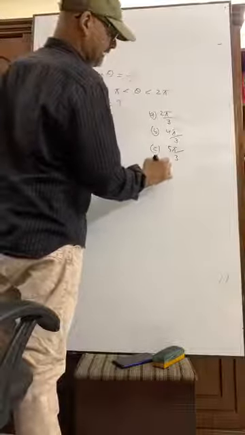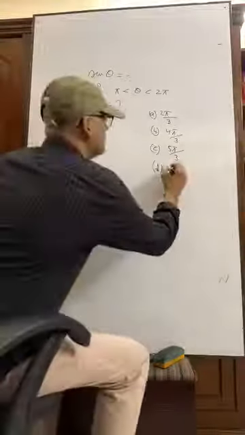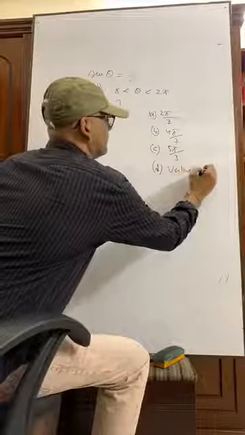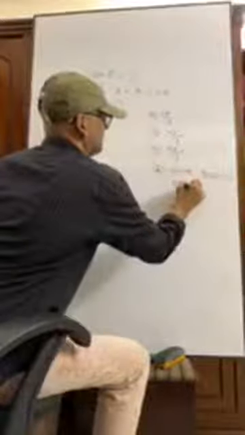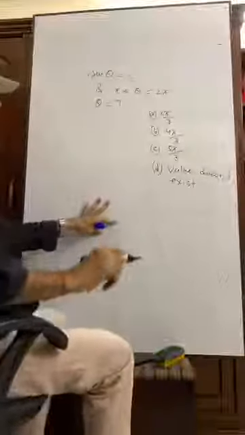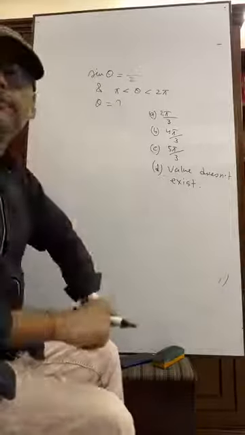Okay. Now D equals to does not exist. Which one? Can you tell me which one?